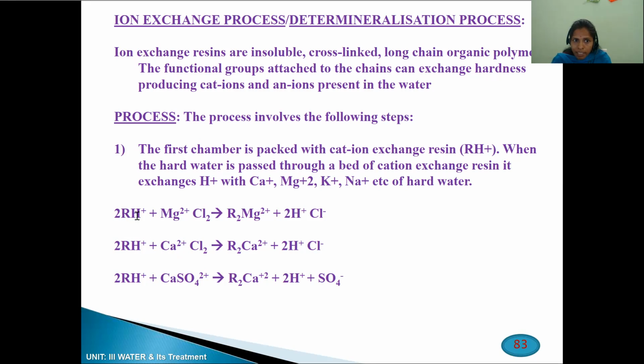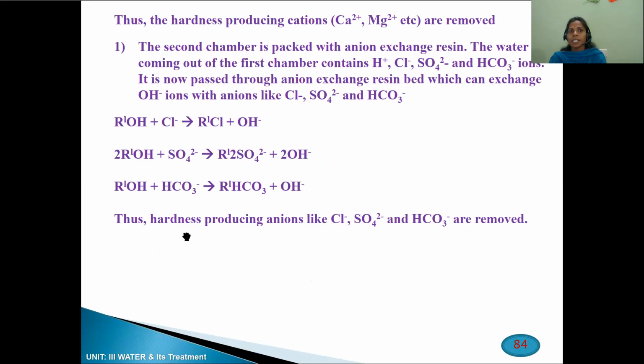So two H+ ions are replaced by Mg2+ to get R2Mg and R2Ca. What we are getting in the water is H+ ions. That means wherever we have Ca2+ and Mg2+ in the hard water sample, there we get two H+ ions. Wherever we have H+ at the resin bed, Ca2+ and Mg2+ are replacing it. So that is in the first chamber.